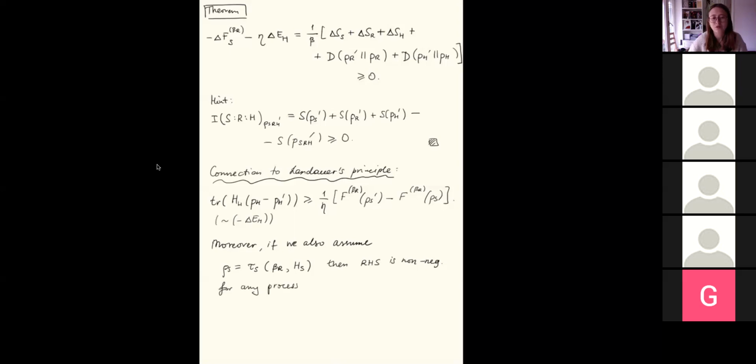So if we start with rho_S as a thermal state, then we always extract some energy from the hot bath, and the change of the free energy of the target system is always non-negative.